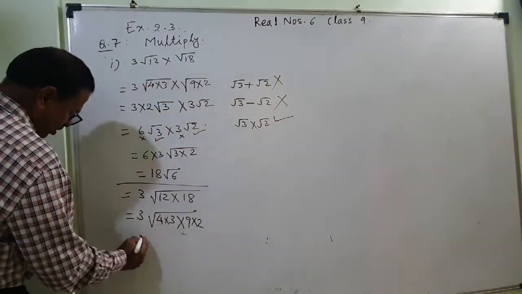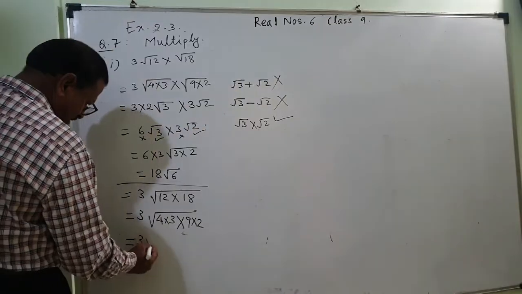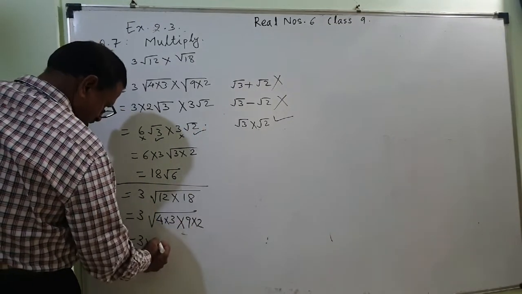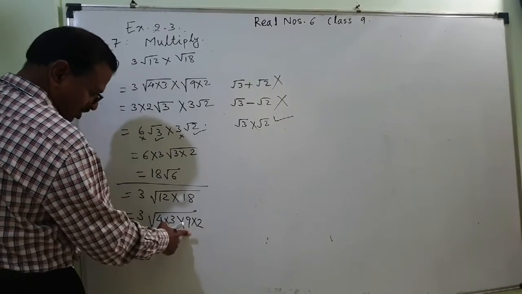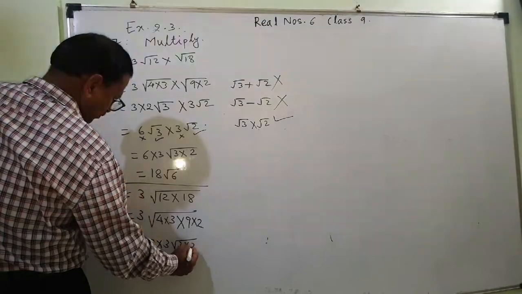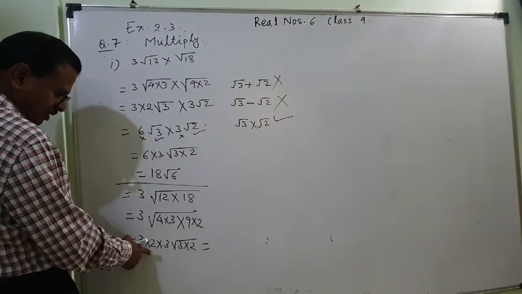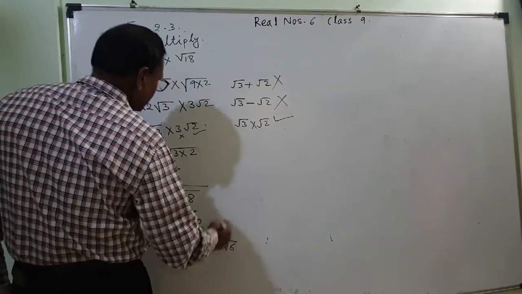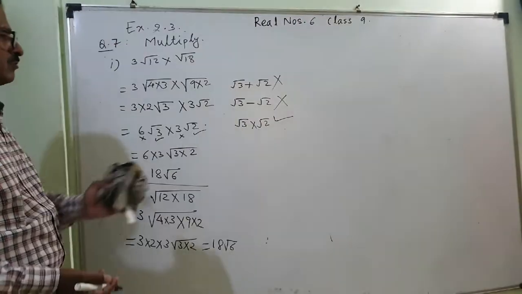That is equal to 3, the root of 4 is 2, and into 3, root of 9 is 3, and what remains is 3 into 2. And that is equal to 3 into 6, 18 root 6. This way also you can do.